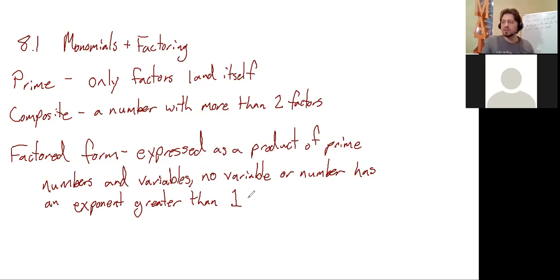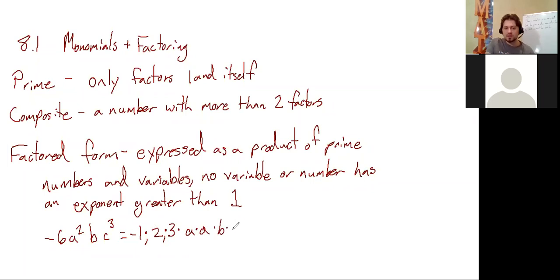So an example, if you had something like -6a squared b c cubed. If you took this and you wanted to find the factored form, you would use a dot for the product: -1 times 2 times 3 times a times a times b times c times c times c.